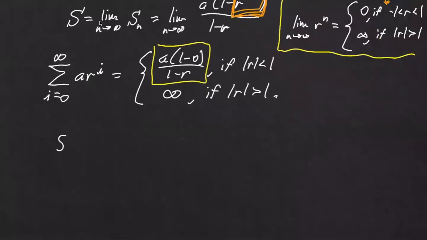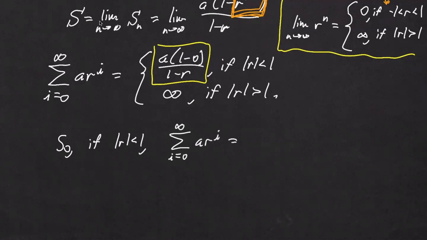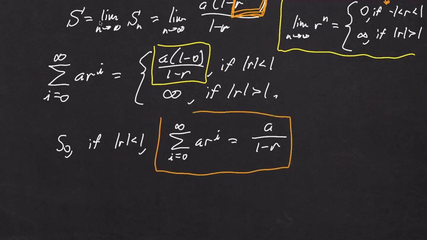So if the absolute value of r is less than 1, then the infinite series has this nice formula, a over 1 minus r. And this is the infinite geometric series formula. This is convergent. But it only works if the absolute value of r is less than 1.